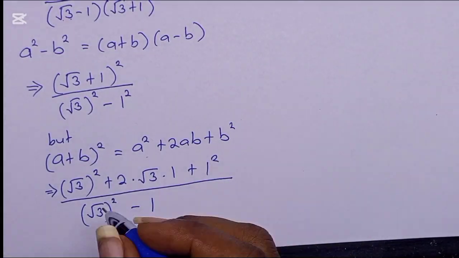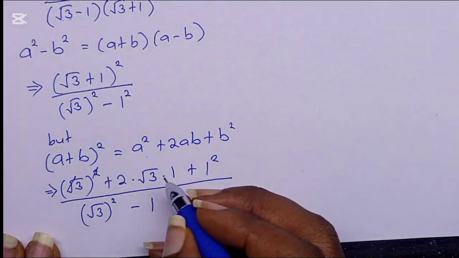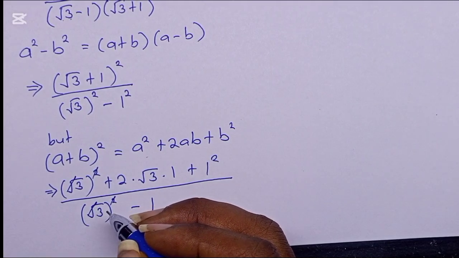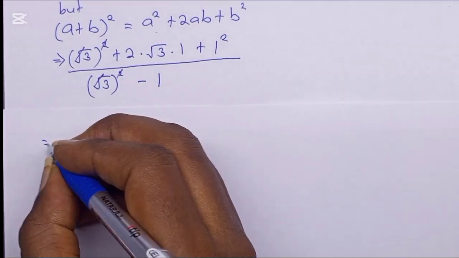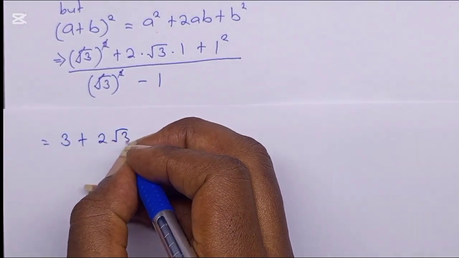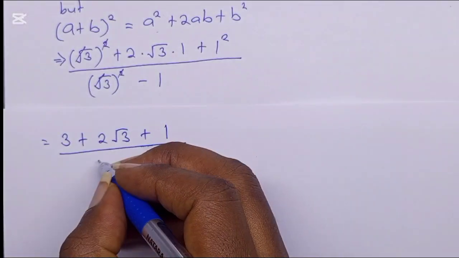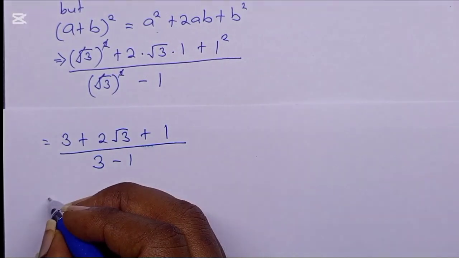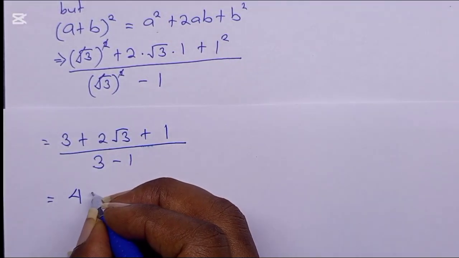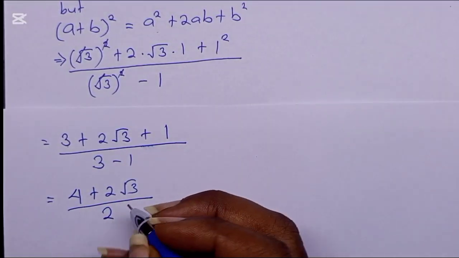So here the square cancels with the root. Also here the square cancels with the root. So we are left with 3 plus 2 root 3 plus 1 divided by 3 minus 1, which is equal to 3 plus 1 is 4, plus 2 root 3 divided by 3 minus 1 is 2.